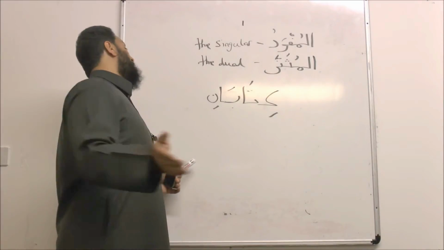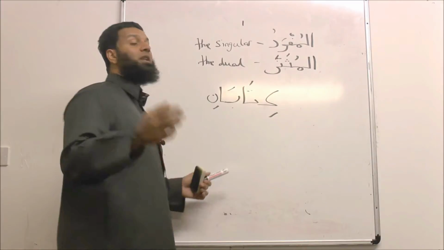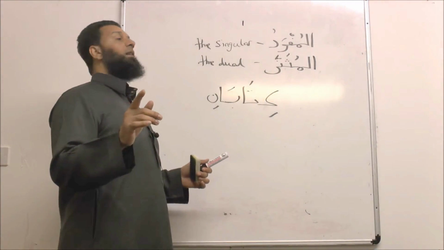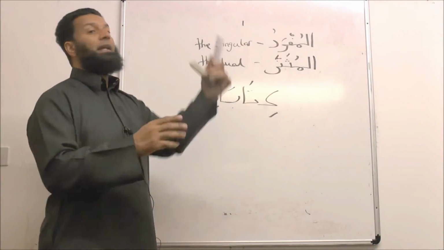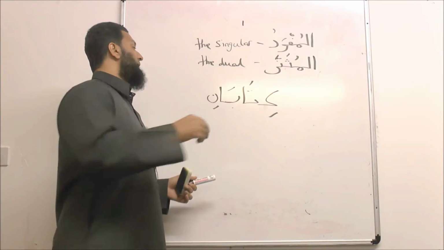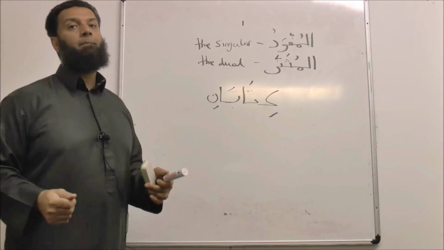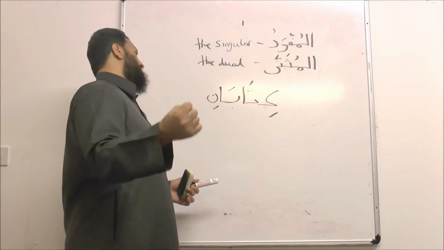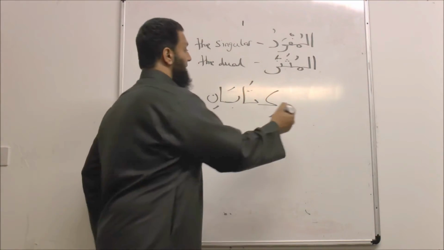And we've said all along up to this point that the kasra on the end of an ismun indicates that it's majrurun. But in the dual, al-muthanna, it's not. In the dual, it's the alif and the noon which indicates that it is marfu'un.